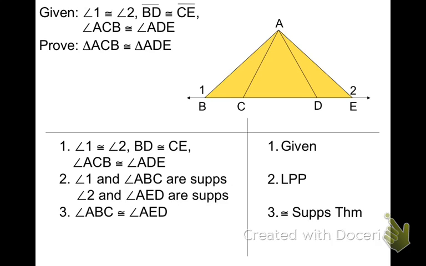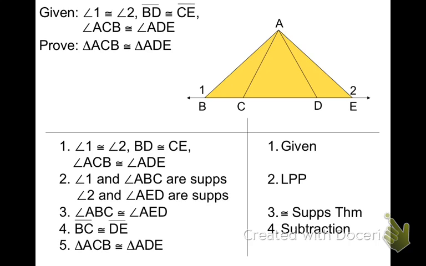So that gets us then enough information there to show the angles are congruent. BC is congruent to DE. Now, just like we saw in the previous problem, being segment addition postulate, this is the segment subtraction postulate. We can cancel out the CD in both of those segments that are given to be congruent, and now we're set to show the triangles congruent by angle side angle.